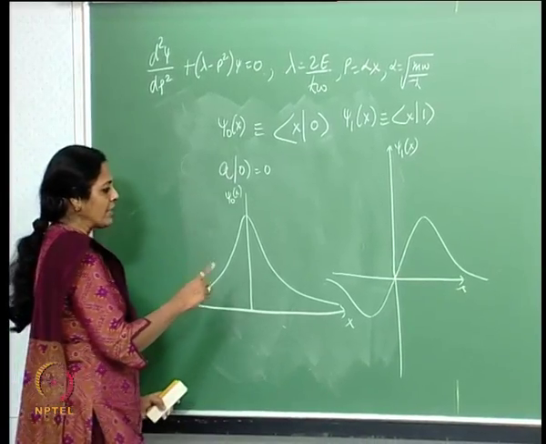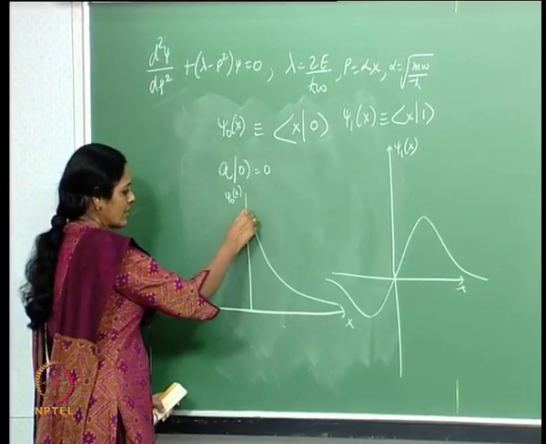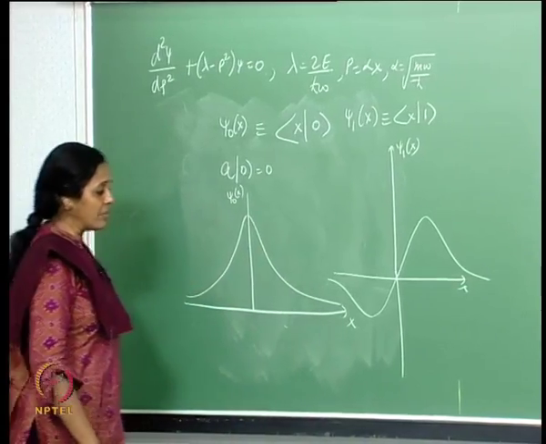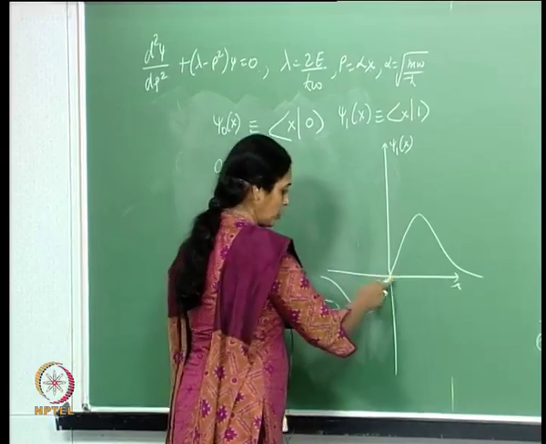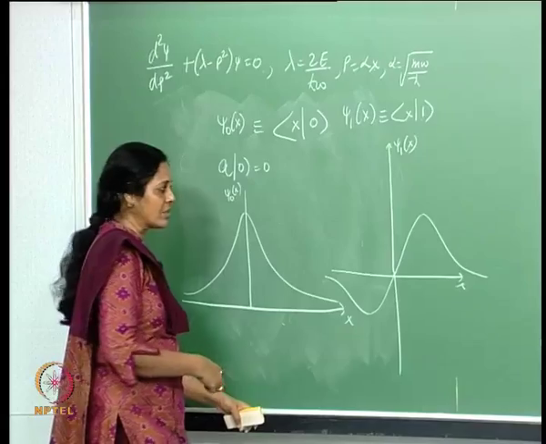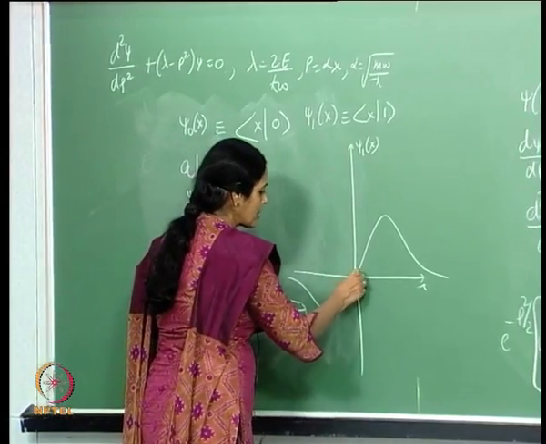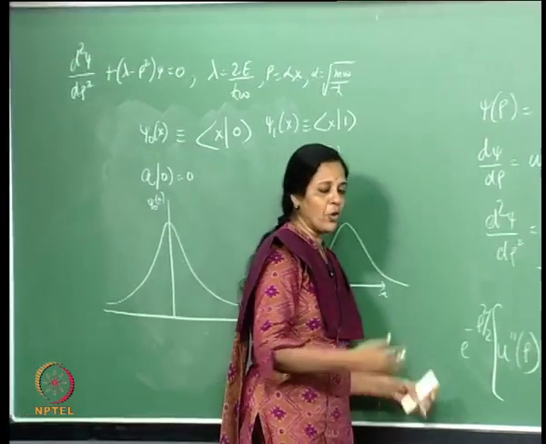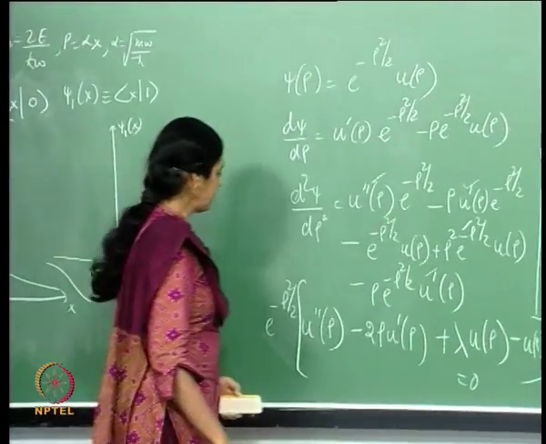Look at the number of times it cuts the axis. Psi 0 of x does not cut the axis, it just goes all the way to plus and minus infinity. There is no finite value of x where psi 0 of x vanishes. As far as psi 1 of x is concerned, it has one point where it vanishes, it is a node. A node is a point where the wave function vanishes.